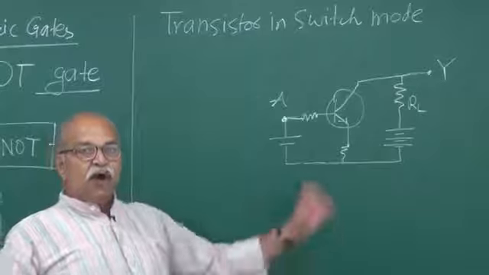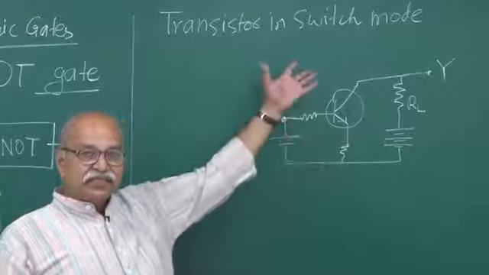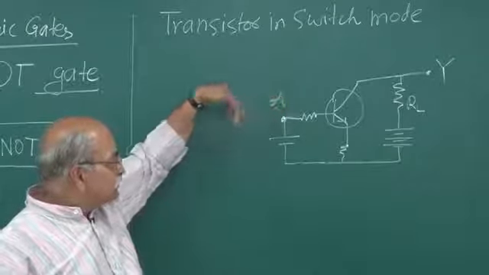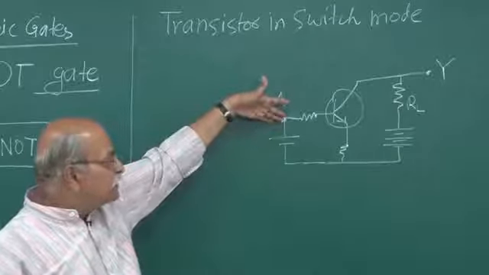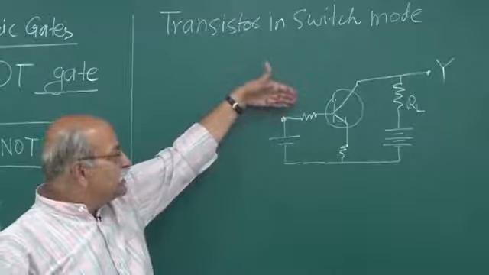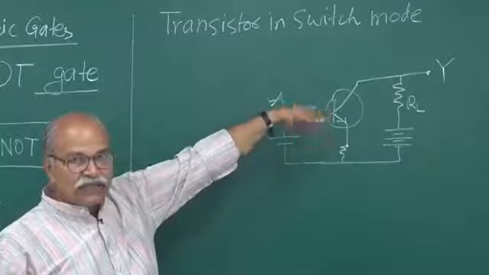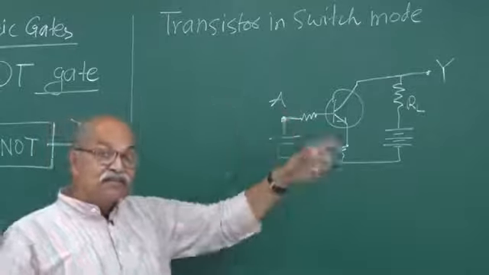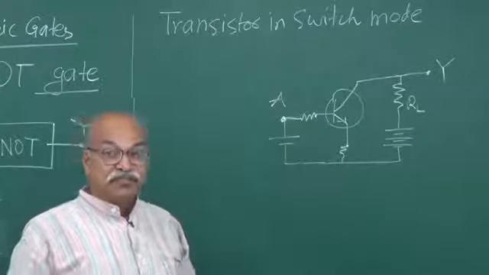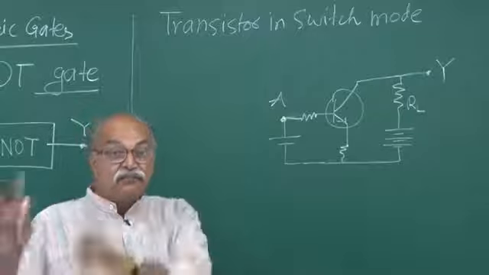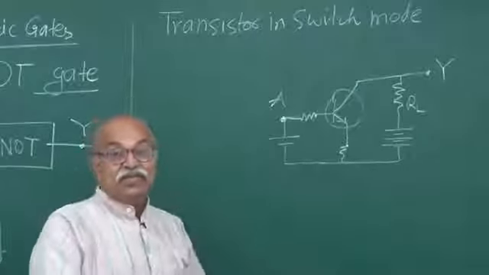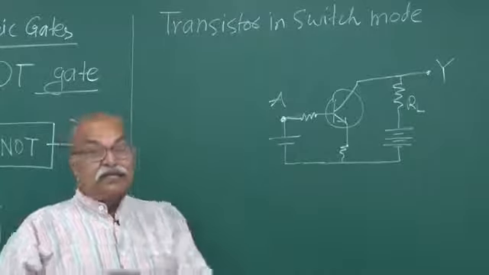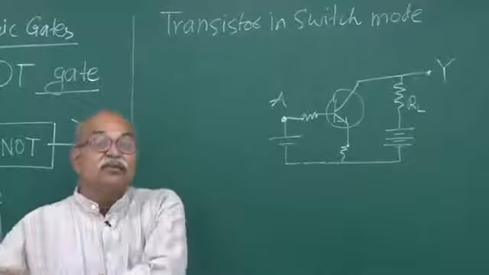If you operate it as a switch, that means this voltage is given high. Suppose you give 5 volts here, then the base-emitter junction is forward biased, and this is sufficient to drive the transistor into saturation mode. You have cutoff mode, you have saturation mode, and in between you have the active mode, the linear region. So be in saturation mode or in cutoff mode.